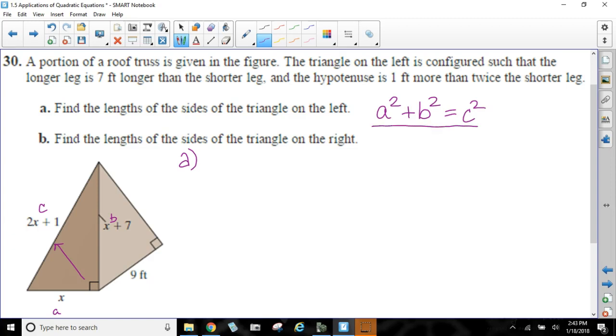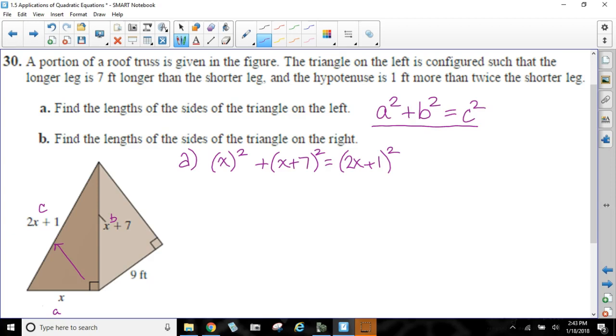When we plug those quantities into our Pythagorean theorem, we get that a squared, which is x squared, plus the b squared, now we're going to have to say quantity x plus 7 squared, is equal to the hypotenuse, that was the 2x plus 1 squared. There's a squared plus b squared equals c squared.